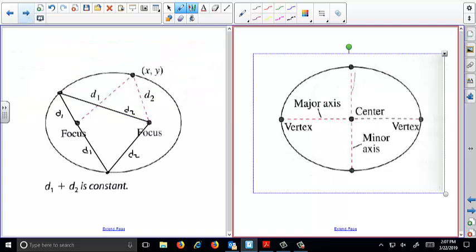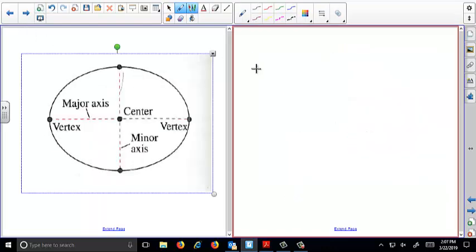Now there's a couple of terminology here. So you could either have the long direction in the x direction or the long direction in the y direction. In this case, we have the long direction in the x direction. So if we look at this thing, the major axis is the longer of the two axes.